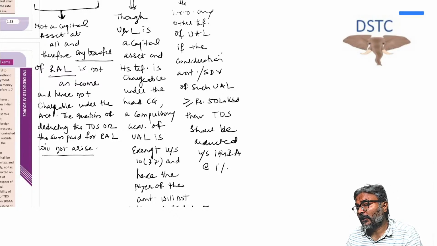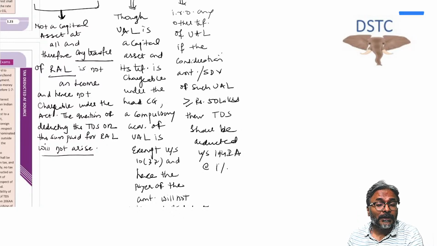So the transferor will not be liable for any capital gains tax on the compulsory acquisition of the urban agricultural land. Have you all copied on this one, friends?